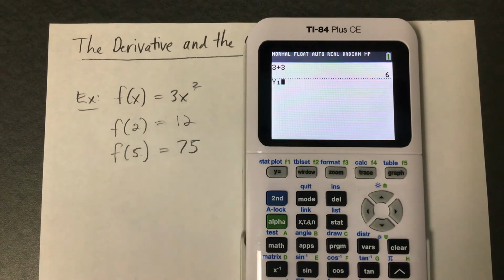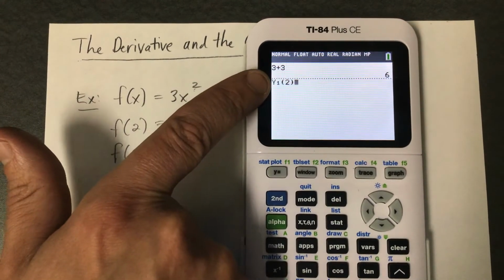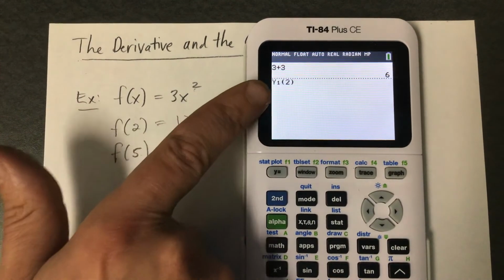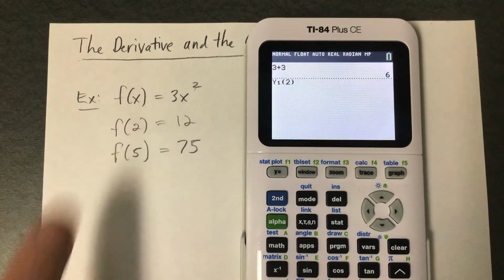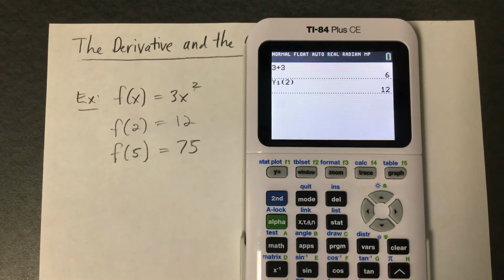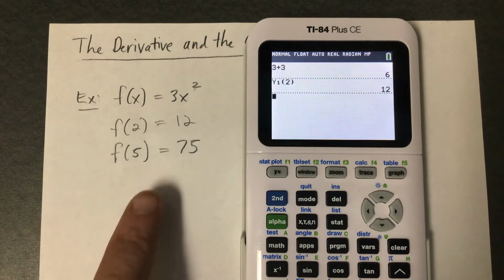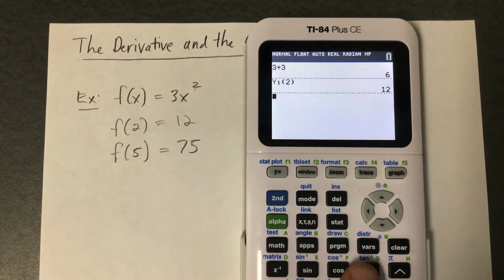From there, the calculator works exactly like function notation. I'm going to do parentheses 2. This would be figuring out f of 2 because I defined the y sub 1 function to be the definition of f. Push enter, and you get 12. Let's repeat those steps. Again, I would find my y function, which is under vars.